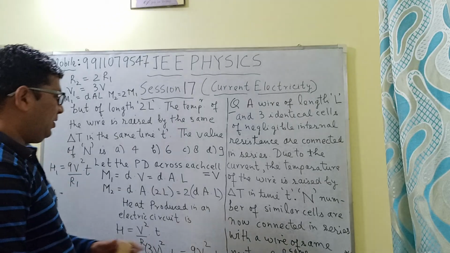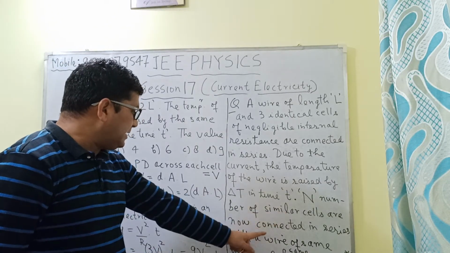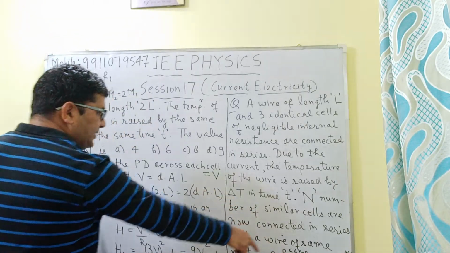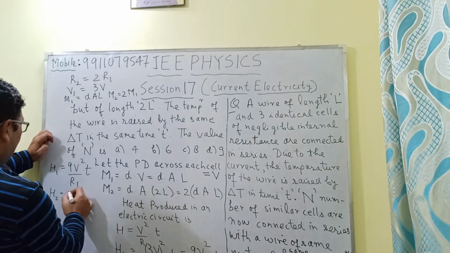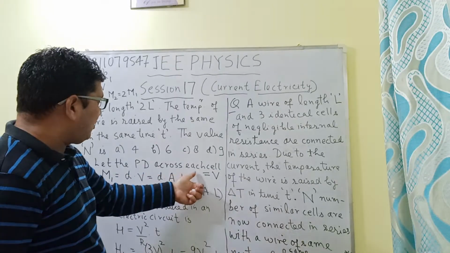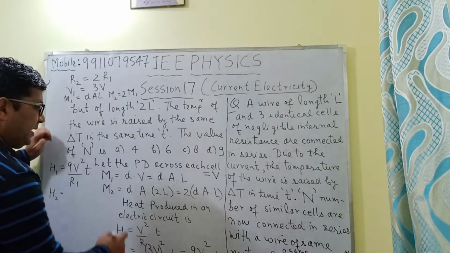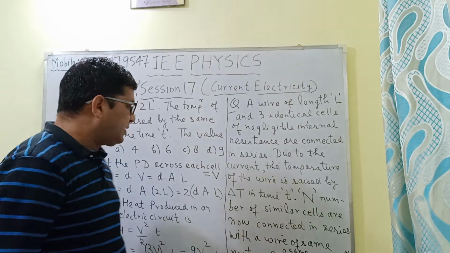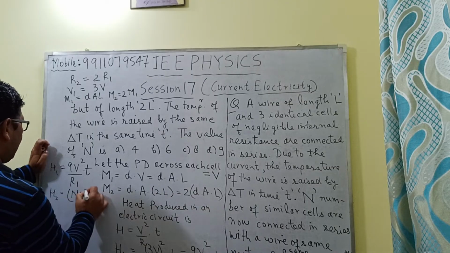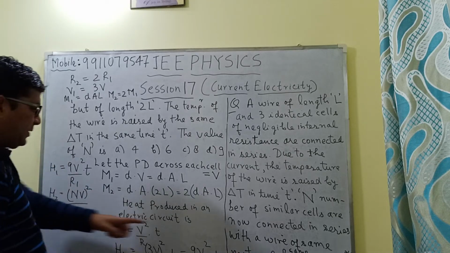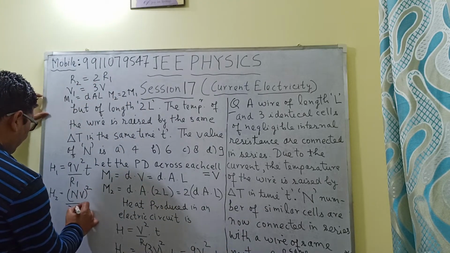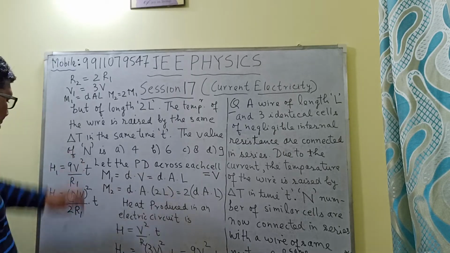H2 will be equal to, now in the second case there are n similar cells which are connected in series. So the effective potential difference in the second case will be equal to n into V, because these cells are similar. I have taken the potential difference across each cell as V. Since there are n cells connected in series, the effective potential difference will be n into V. So this will be equal to n into V whole square divided by the resistance of this wire, which is R2, and R2 was equal to 2 times R1, into T. Okay?